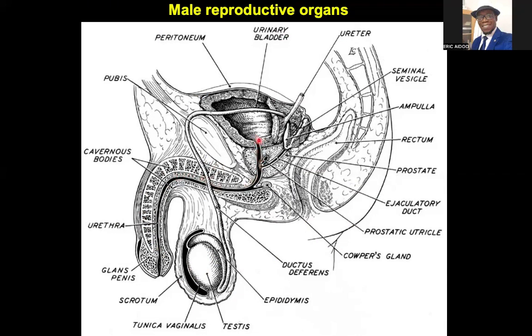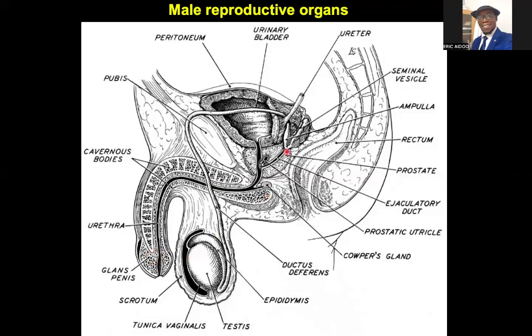So all the way from the bladder through the prostate, that will become the prostatic urethra. Then it goes through the bulbous region of the penis, and that will be the bulbous urethra. Then you have the penile urethra within the penis itself, the external portion there. Then you have this region, which is the glans penis.